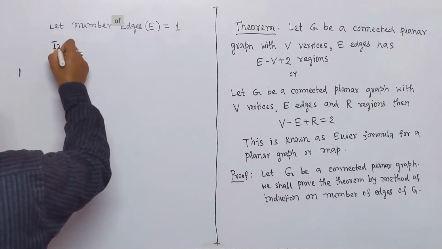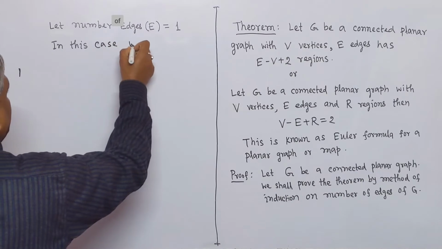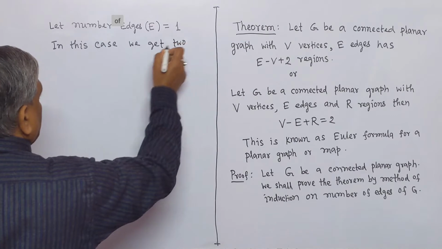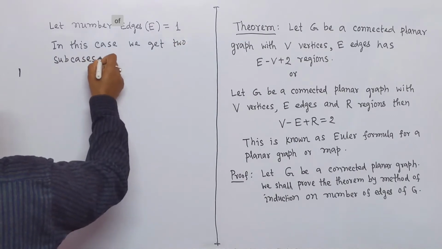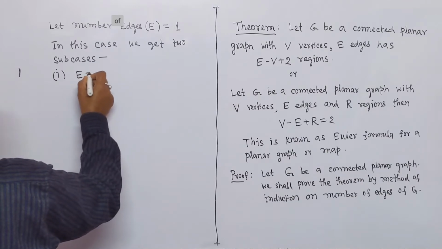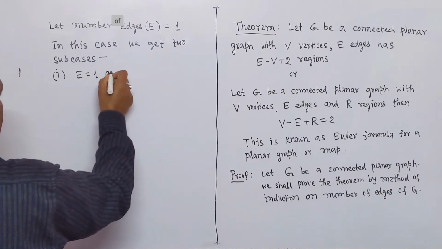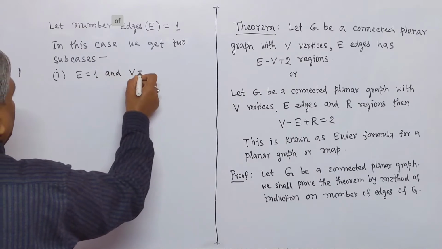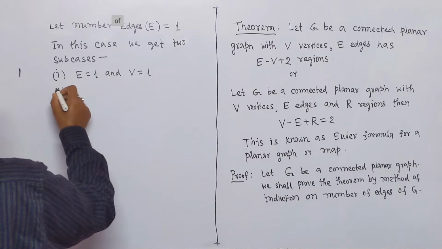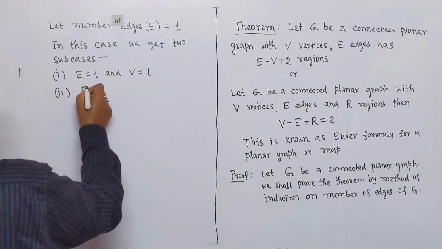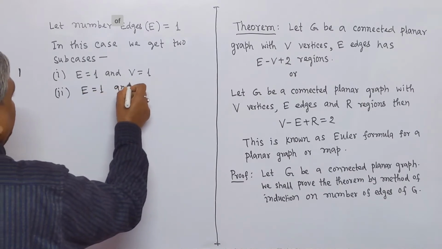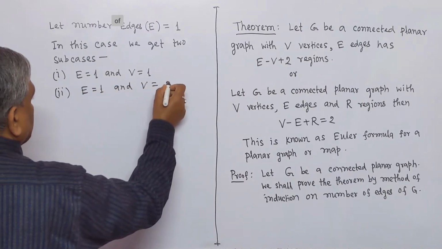In this case, we get two subcases. Number 1, number of edges E equal to 1 and V equal to 1, number of vertices 1. Number 2, number of edges 1 and number of vertices V equal to 2.